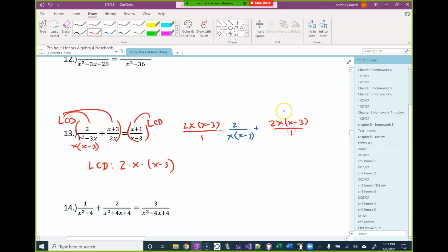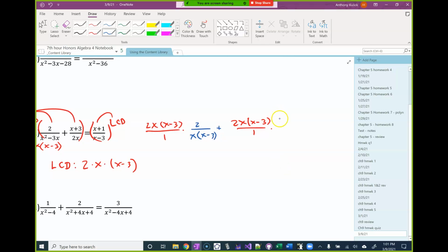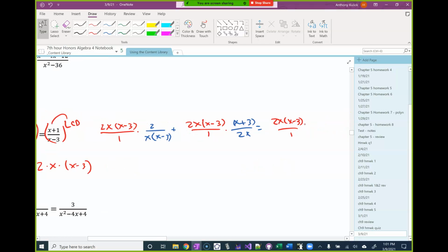And then the least common denominator times the third fraction. Mackenzie, are we still doing good? Okay. I'm going to go ahead and try to reduce.